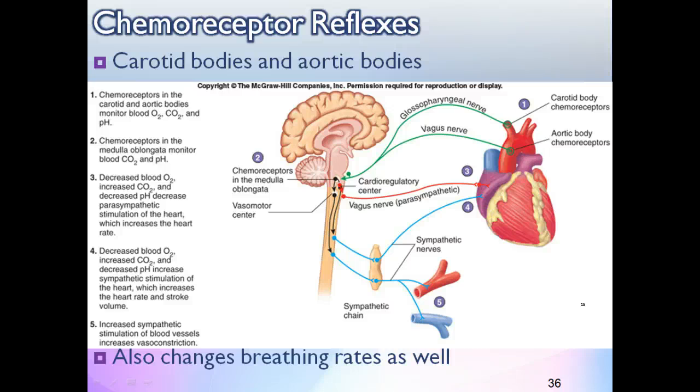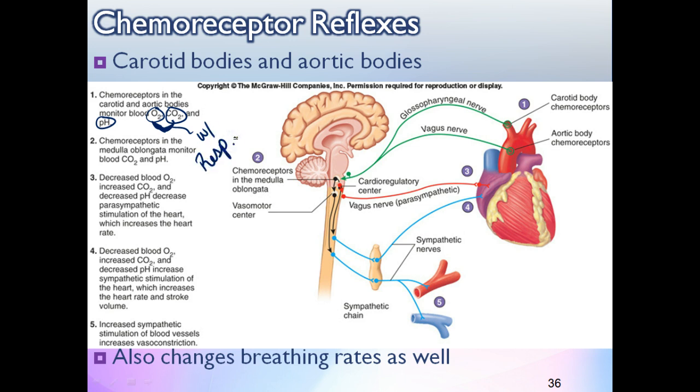Here's an overview of the chemoreceptor reflex that causes the changes in the cardiovascular center. Realize that the chemoreceptor reflex, being that it's monitoring O2, CO2, and pH, these things can't be fixed by blood vessels alone. This has to be fixed in conjunction with the respiratory system.